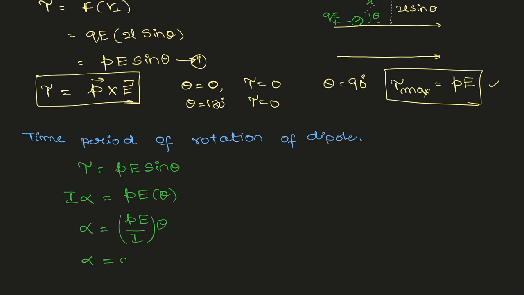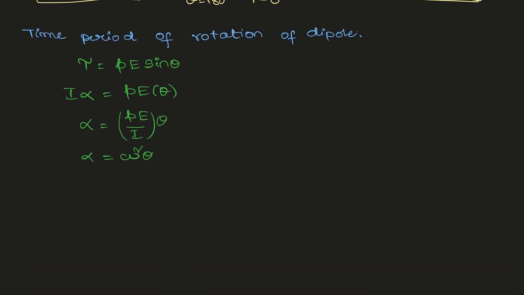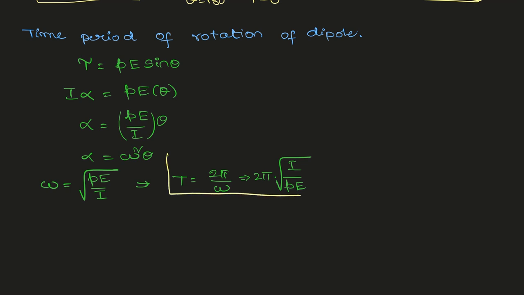If we compare with our general equation, omega square theta, from our simple harmonic motion chapter, we get omega equal to square root of PE by I. So the time period of oscillation will be 2 pi by omega, that is 2 pi into square root of I by PE. So this is about time period, and this is about angular velocity.